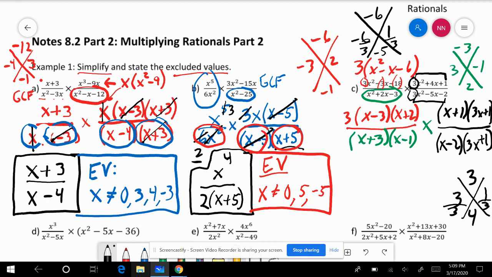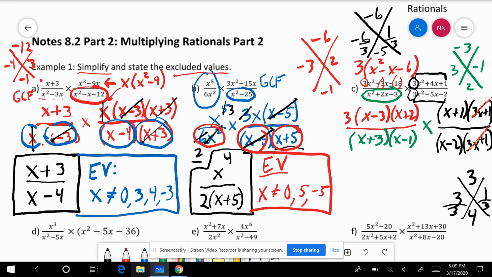Now for the easy part. What we're going to do next is cancel. So when we cancel, we see that we have a 3x plus 1 right here. And when we're looking around, we notice that nothing else cancels. This is a negative. This is a positive. This is a positive. This is a negative. And this is a negative. That's a positive.